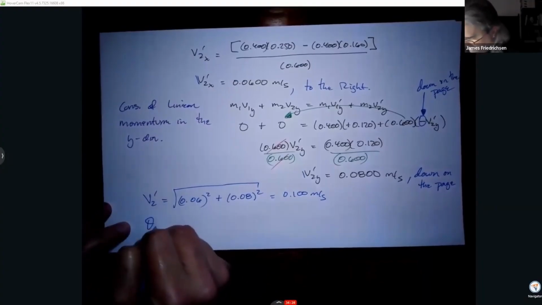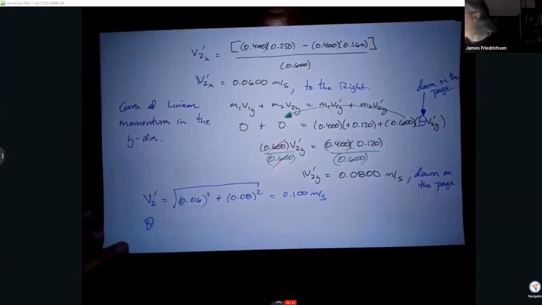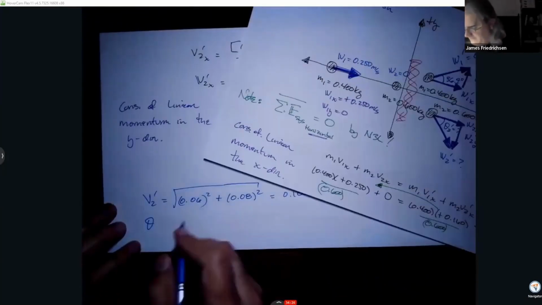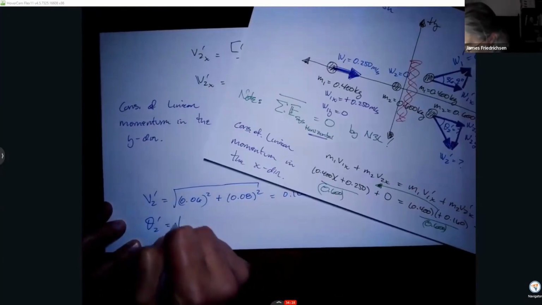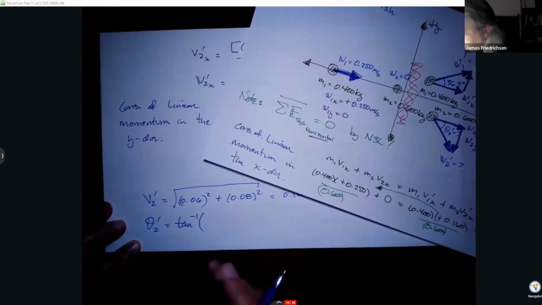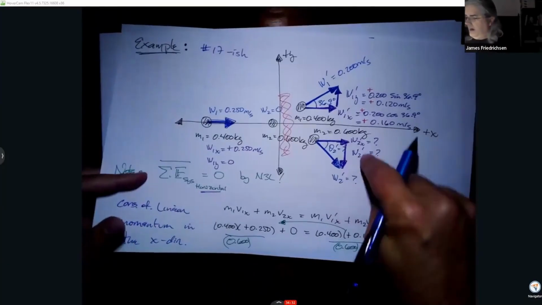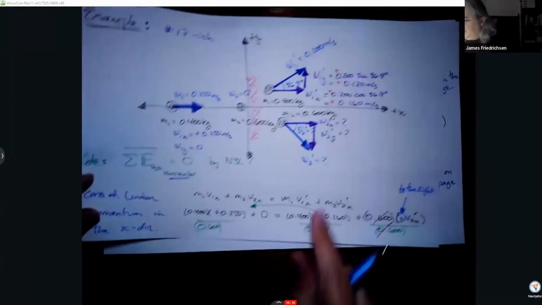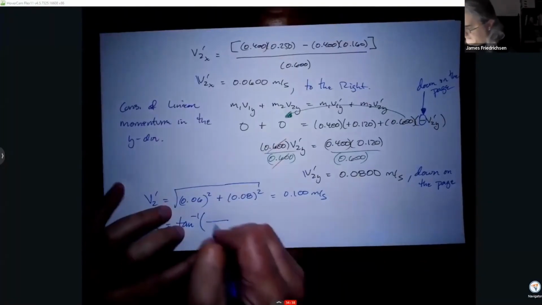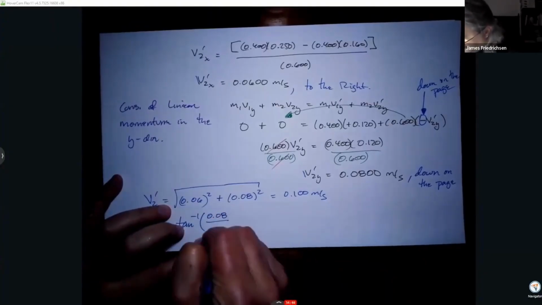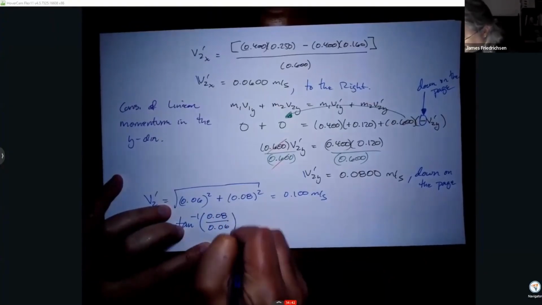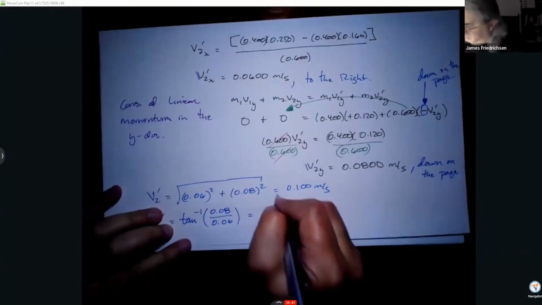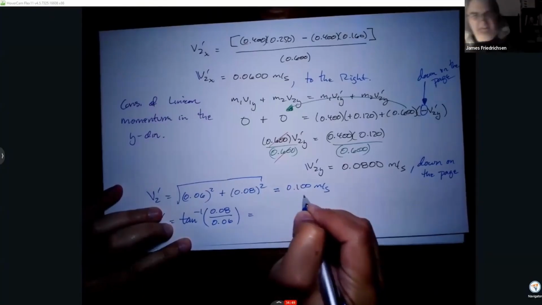And then we get our angle. They call it theta 2 prime. Yeah, I did call it theta 2 prime. I'm going to do the inverse tangent. I'm going to do the y over the x. I'm just going to do magnitudes. So the y was the 0.08. The x was the 0.06. So this is like the 51.3.